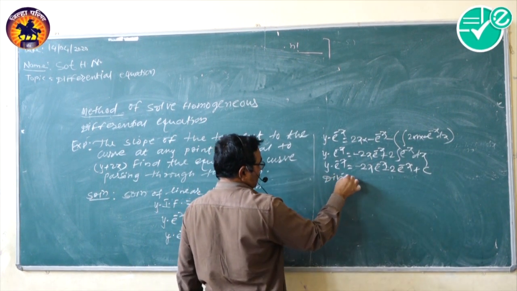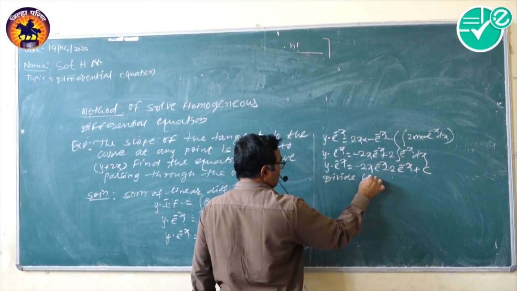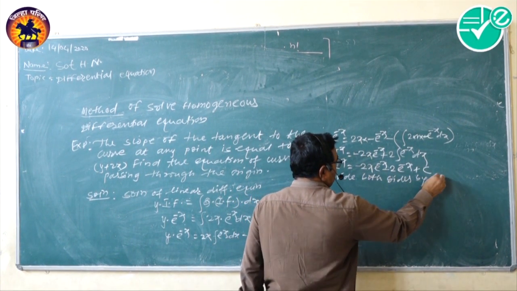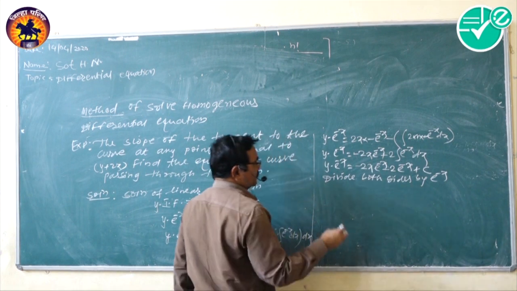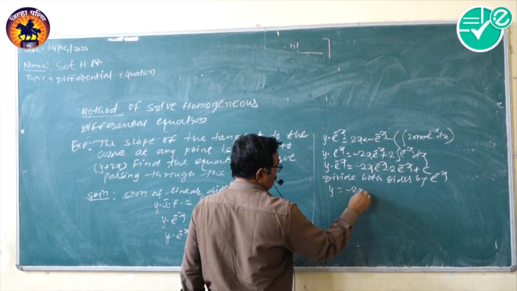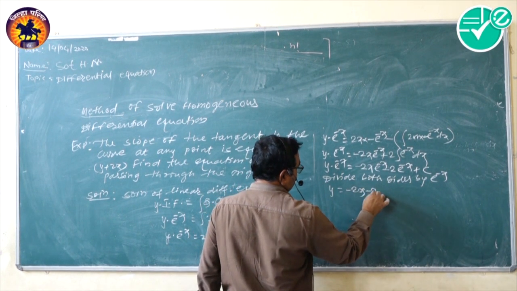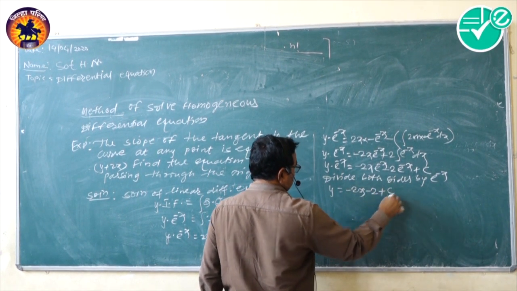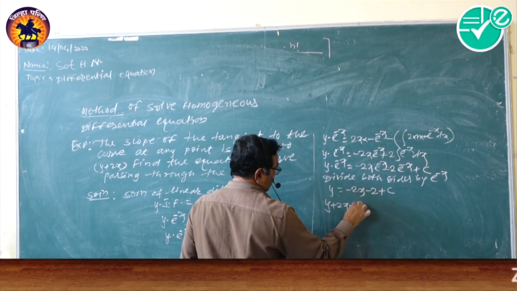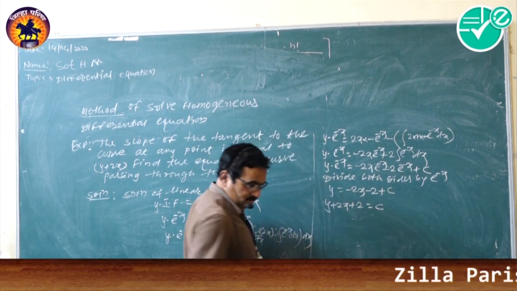Divide both sides by e raised to minus x. It becomes y equal to minus 2x minus 2 plus c, that is, y plus 2x plus 2 equal to c.